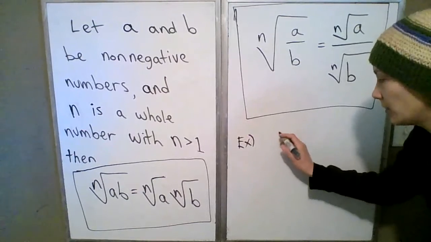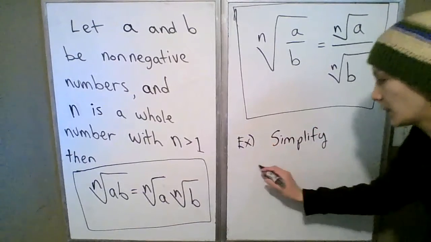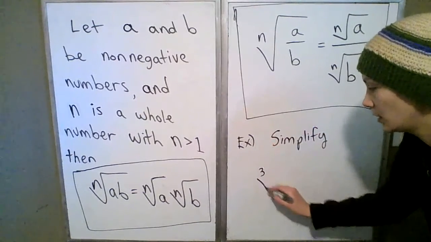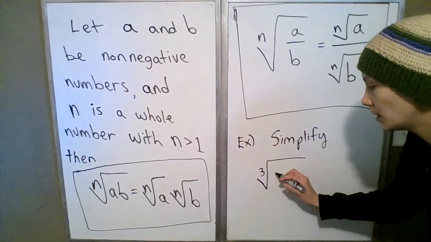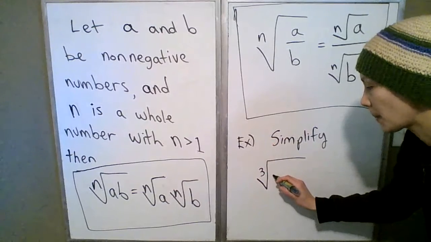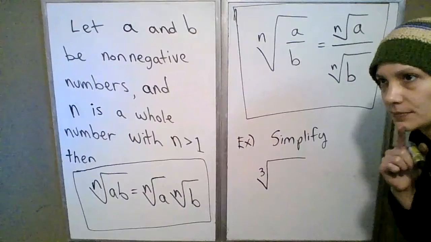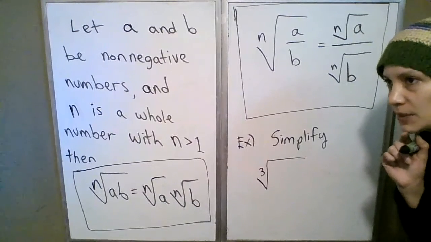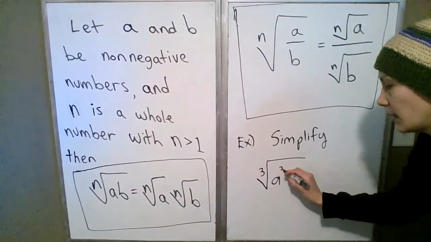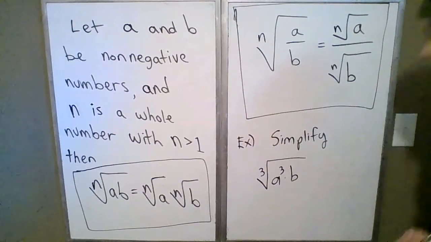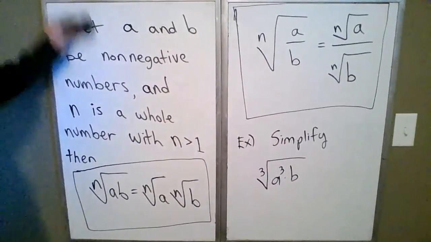Let's do this problem really fast. We're going to have a cubed root of a cubed times b.